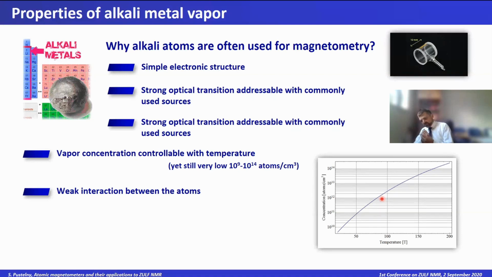Yes, please. Sorry. So you mentioned the strong absorption. Is it related to the probe or pump beam? Well, the strong absorption is of course related to the wavelength of your light. So if your pump is tuned to resonance, you are talking about strong absorption. Typically, you want your pump to be strongly absorbed.